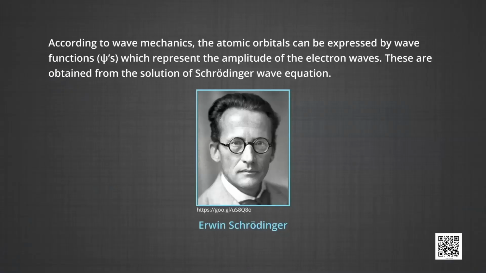According to wave mechanics, the atomic orbitals can be expressed by wave functions psi, which represent the amplitude of the electron waves. These are obtained from the solution of Schrödinger wave equation.